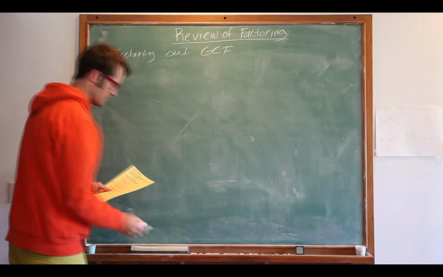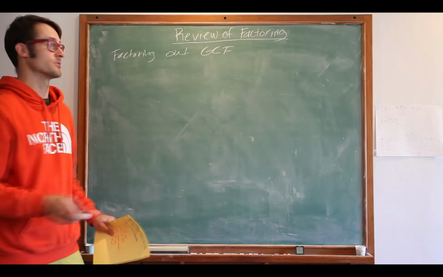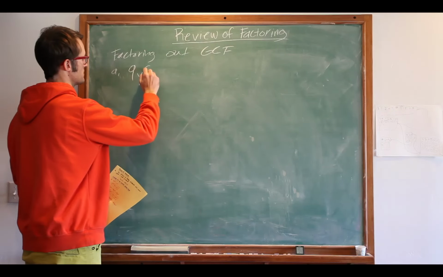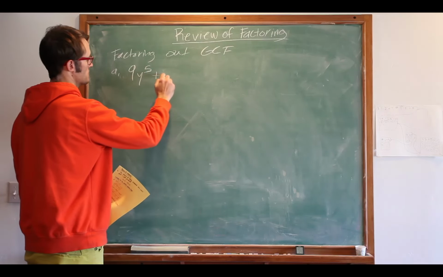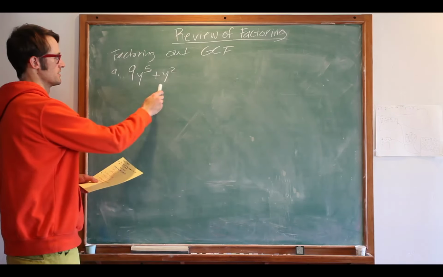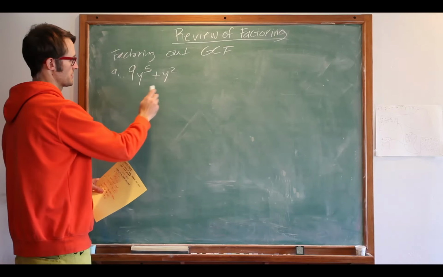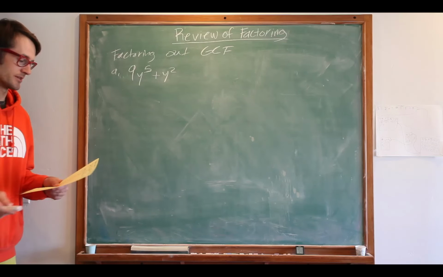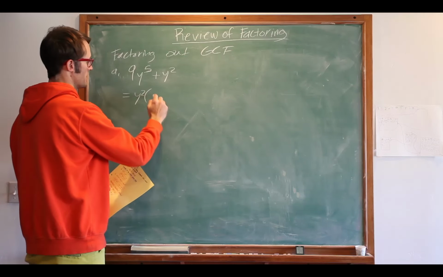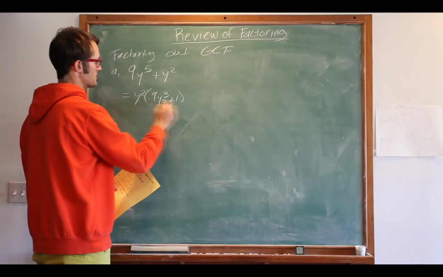let's get rid of that. First example that I want to give is 9y to the 5th plus y squared. You're looking for what's common in these two terms, and it jumps out pretty quickly that it's y squared, so we can pull y squared out, and then you will get 9y to the 3rd plus 1.